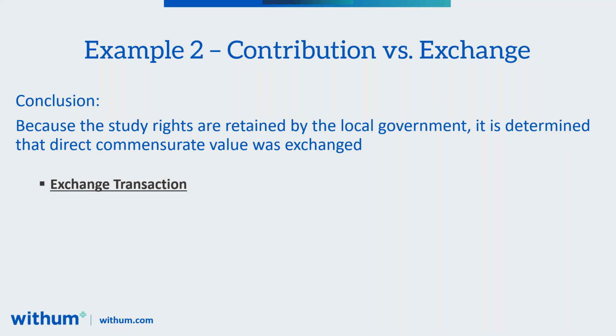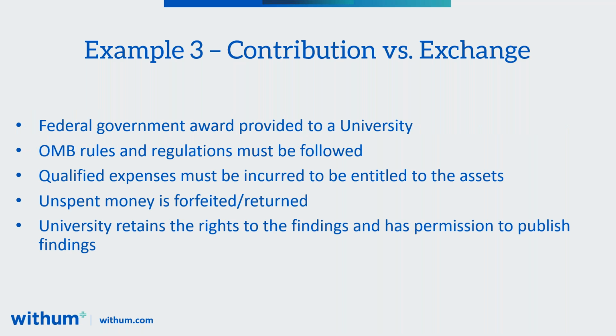And then example 3, contribution versus exchange. A federal government made an award to a university. Office of Management and Budget rules and regulations must be followed. Qualified expenses must be incurred to be entitled to the assets. Unspent money is forfeited or returned, so a right of return release exists. The university retains the rights to the findings and has permission to publish the findings.